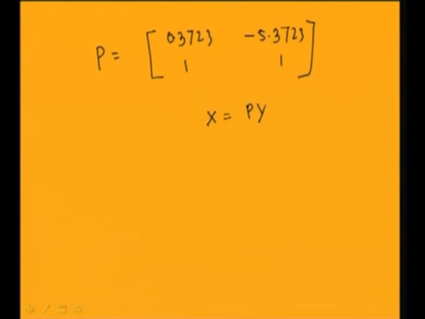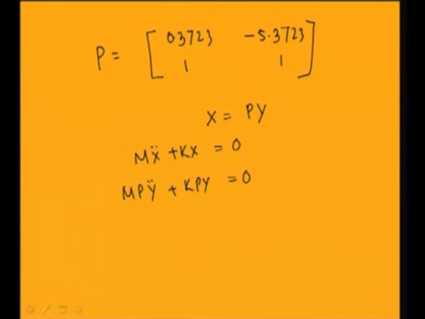If I substitute this in the original equation, m x double dot plus k x equal to 0, this becomes m P y double dot plus k P y equal to 0.